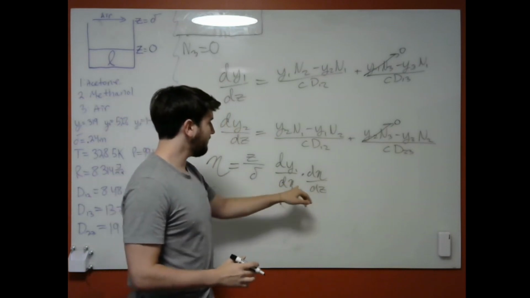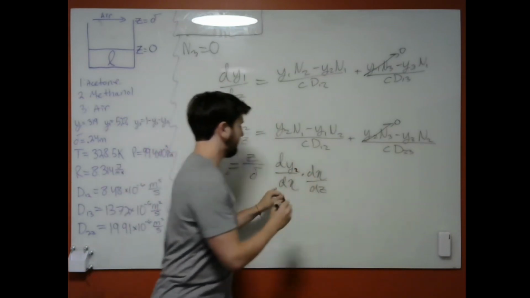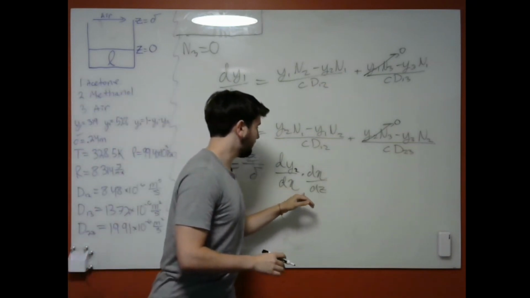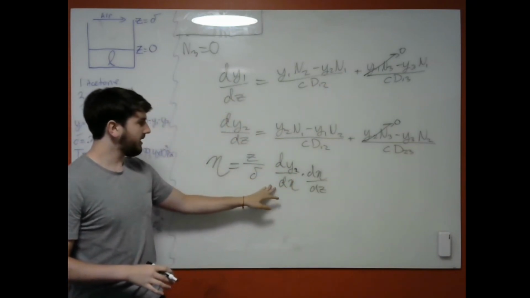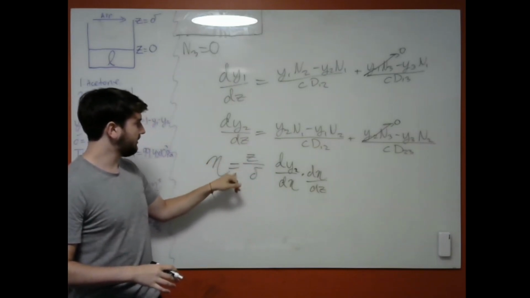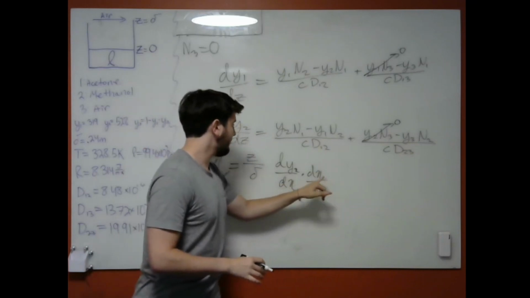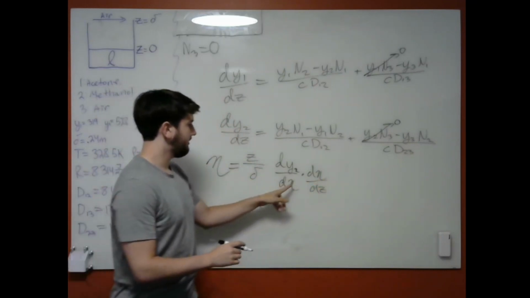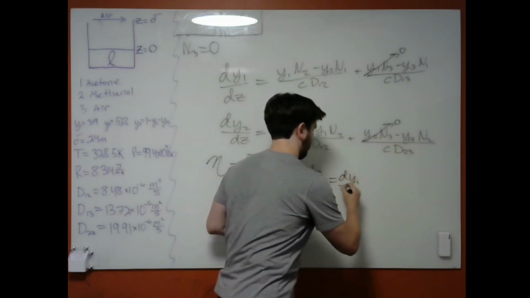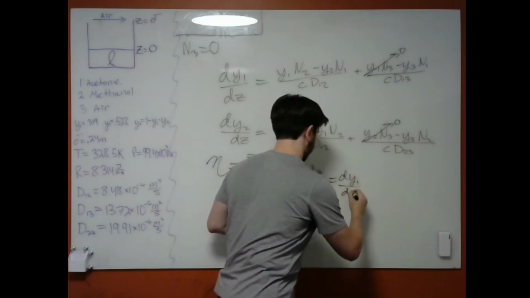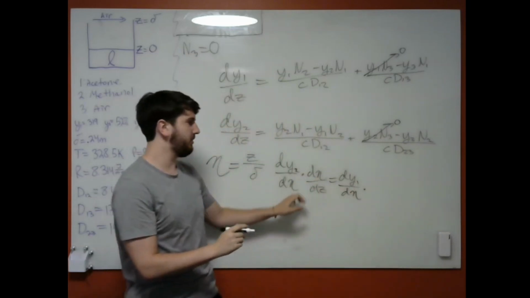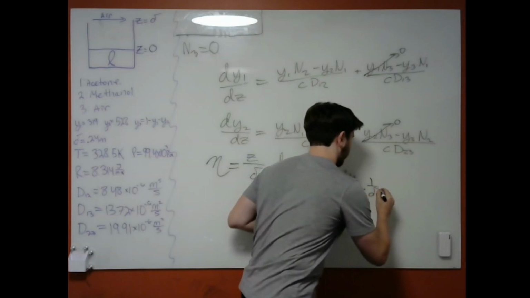So, with that in mind, the same applies for the second component right here, for y2, the mole fraction of the second component. We can go ahead and replace this with these values, but we're going to replace this value with 1 over delta.